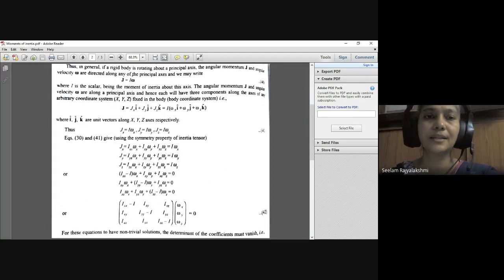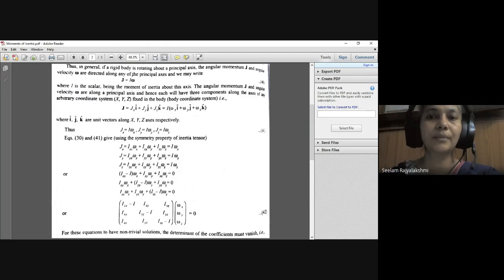Thus in general, if a rigid body is rotating about a principal axis, angular momentum J and angular velocity omega are directed along any of the principal axes and we may write J equals I omega. Here I is a scalar, which is the moment of inertia about the axis.